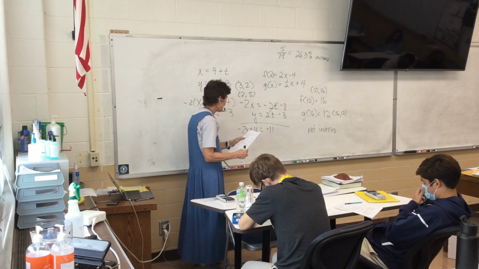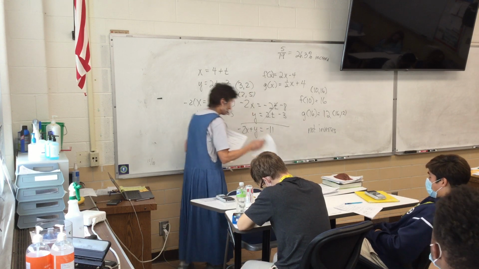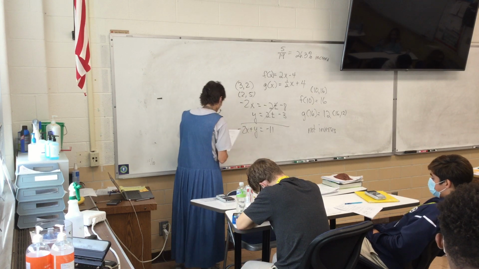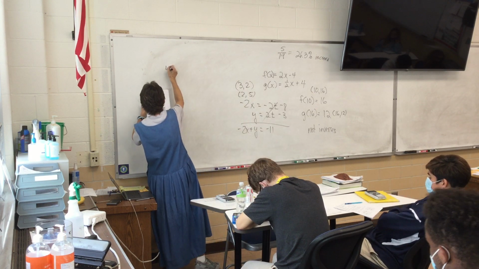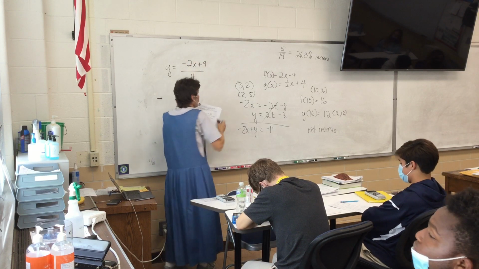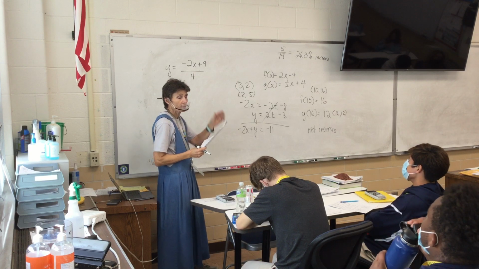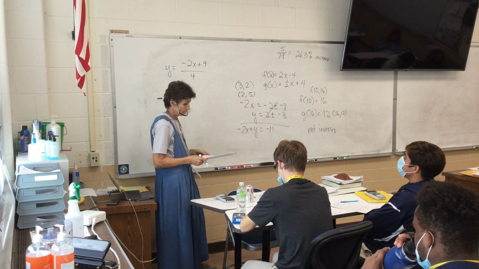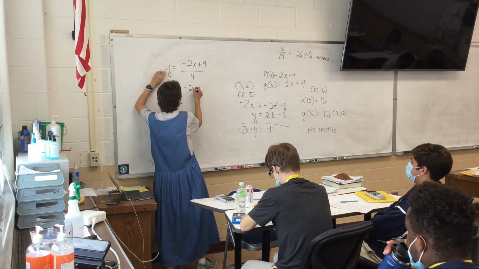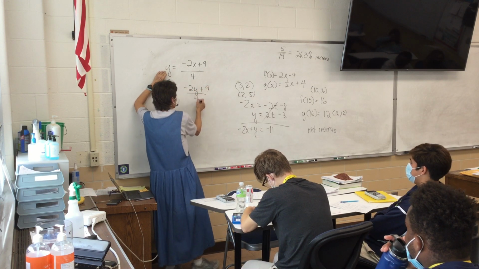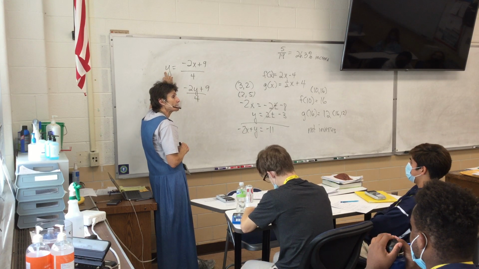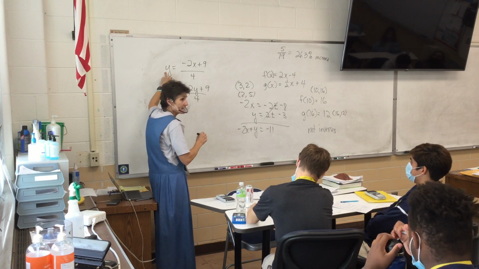All right, 8, we're going to find some inverses. Well, you had a quiz over this. Well, not over A. A's easy. What do we do to find an inverse? Switch the X and Y. And then get Y by itself, right, Avery?